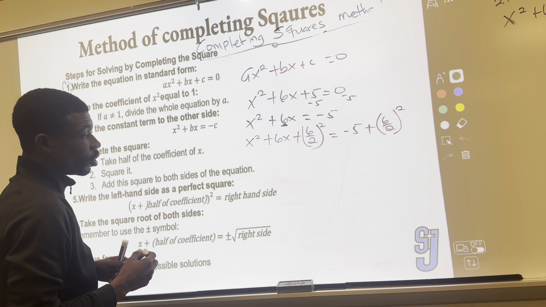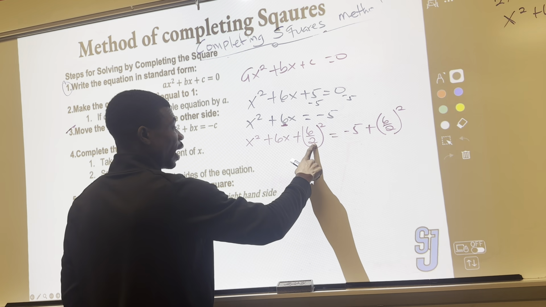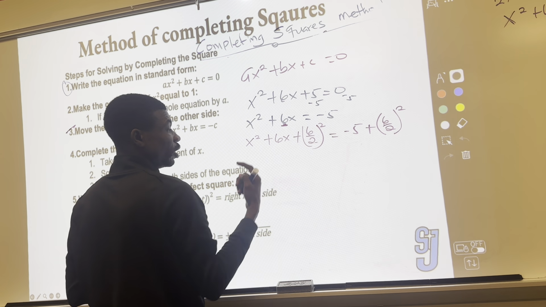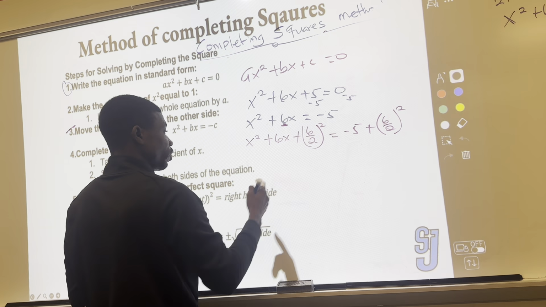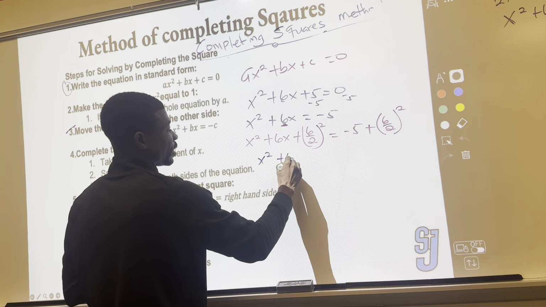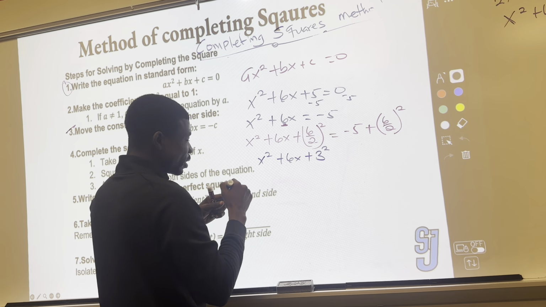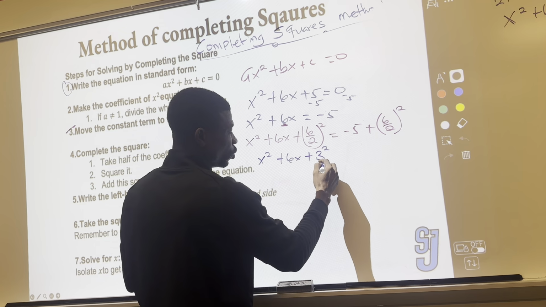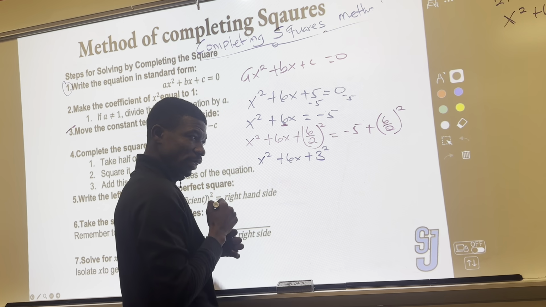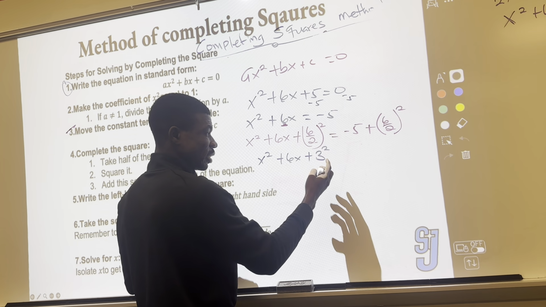Okay, so once again, if you divide 6 by 2, you have 3, so it's like x squared plus 6x plus 3 squared. Once again I said don't square this. Because if you take the square of 3, it's 9.